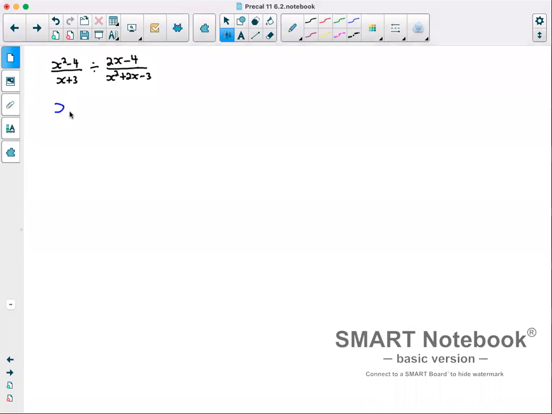So we've got x squared minus 4 over x plus 3 times x squared plus 2x minus 3 over 2x minus 4. We'll go through and factor what I can now. So this is a difference of squares. So that's x plus 2 times x minus 2 divided by x plus 3.